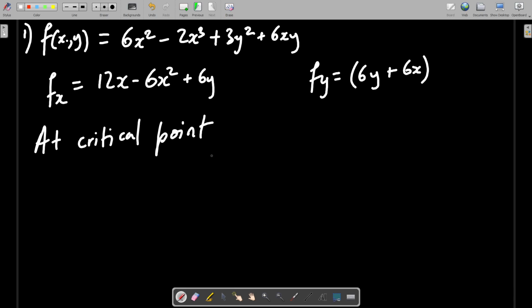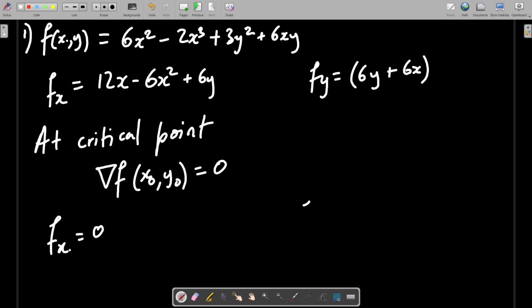At a critical point, the gradient of f at x naught y naught, the critical point, is 0. So let us put fx equal to 0 and fy equal to 0 and try to simplify.